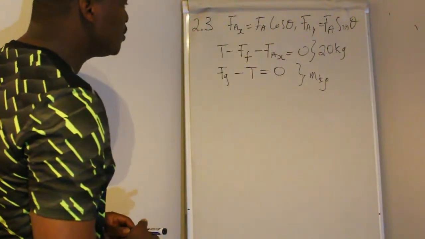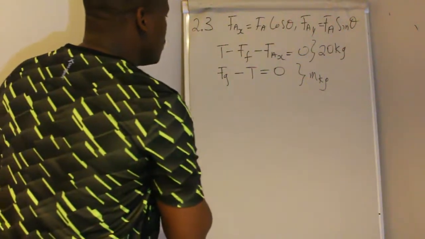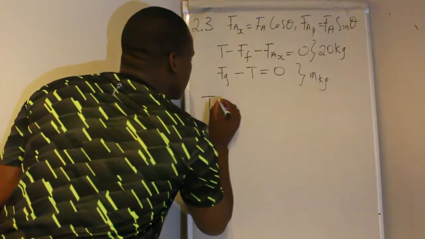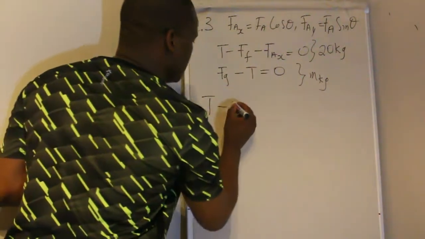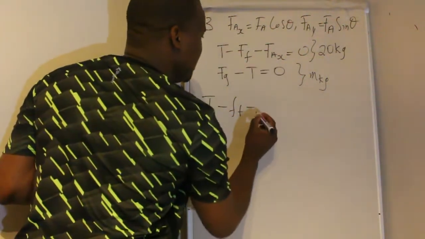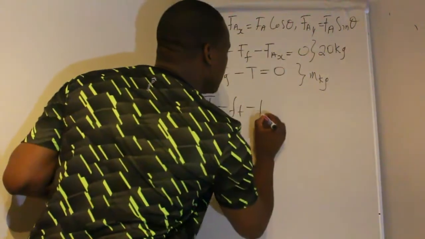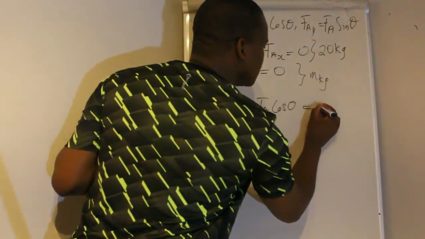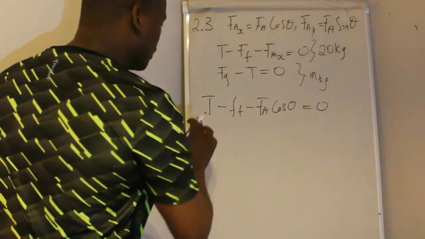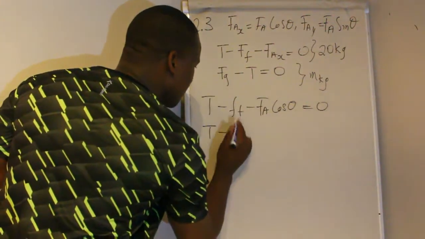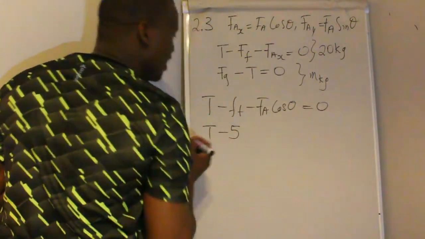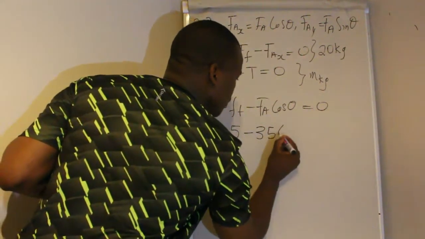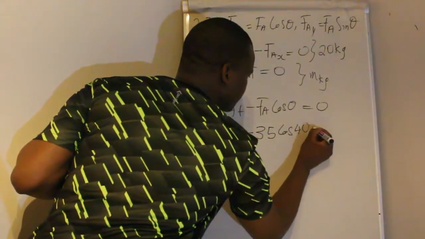So what you do here, the tension, you're not given the tension. Let's use this first equation. The tension you're not given, minus frictional force, minus Fax. Fax is Fa cos theta, is equal to 0. They said the frictional force was 5. So T minus 5 minus 35 cos 40 degrees is equal to 0.